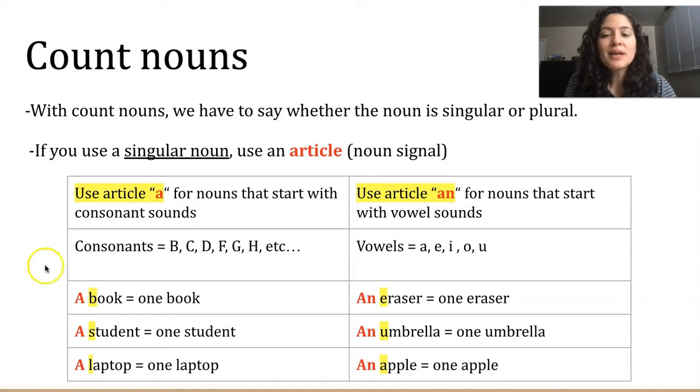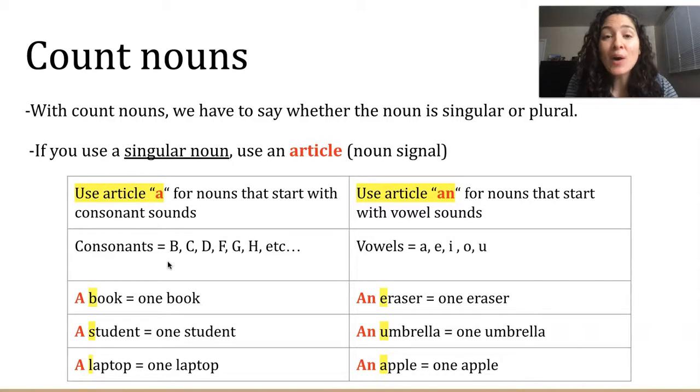When we use a, it means that the sound after the first sound of the noun is a consonant. Consonant is like B, C, D, F, G, H. The letters in the alphabet that are not vowels. When the noun starts with a consonant, we use a when it is only one singular noun.